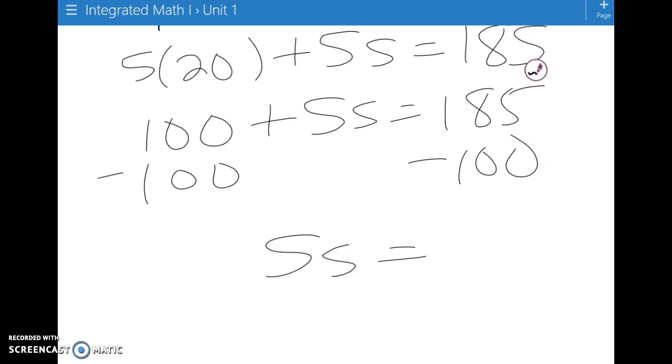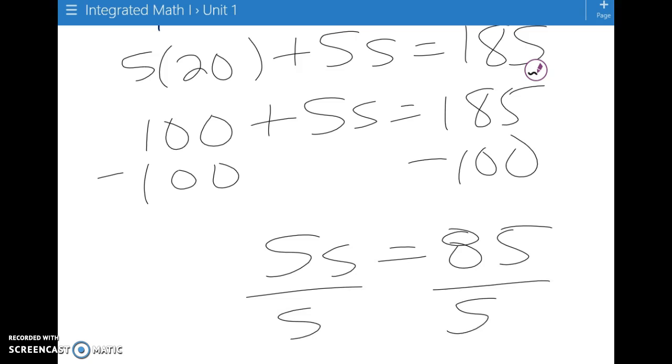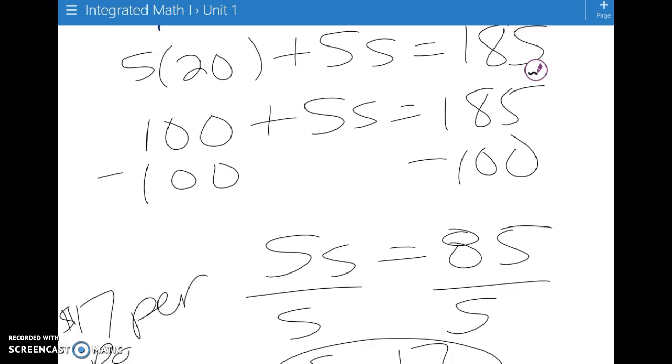So 5S equals 85. Divide by 5. S equals, what's that, 13? Oh, 17. What does that mean? The shorts cost $17 per pair of shorts, or $17 each.